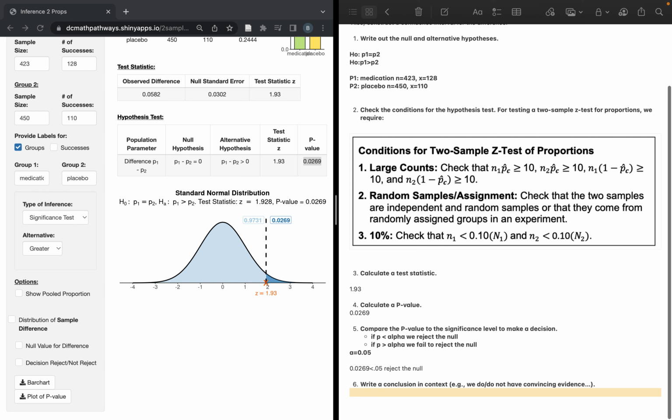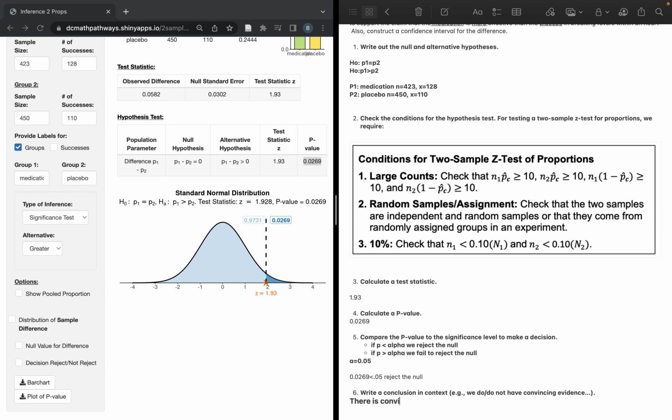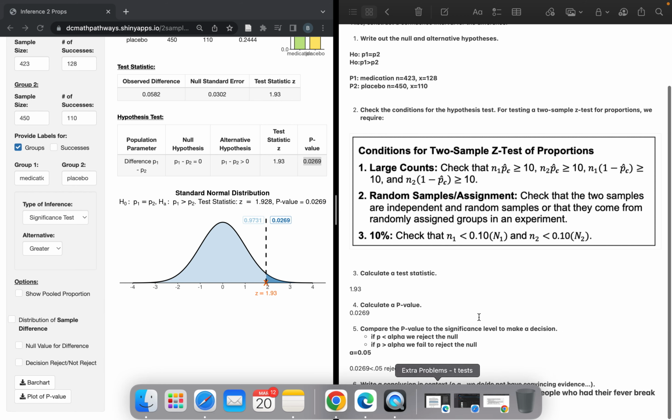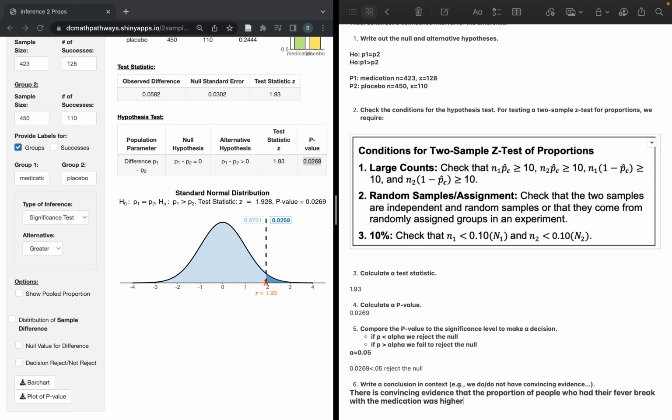So that means there is convincing evidence that the proportion of people who had their fever break with the medication, because remember P1 is the medication, was higher than those without the medication.